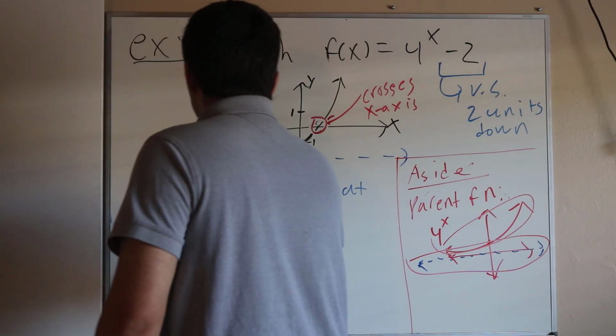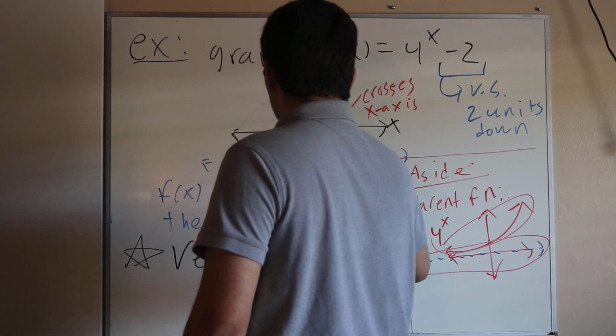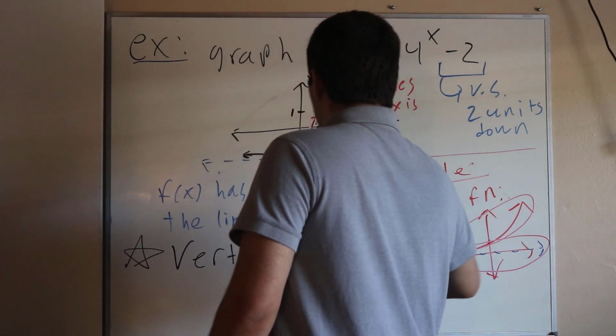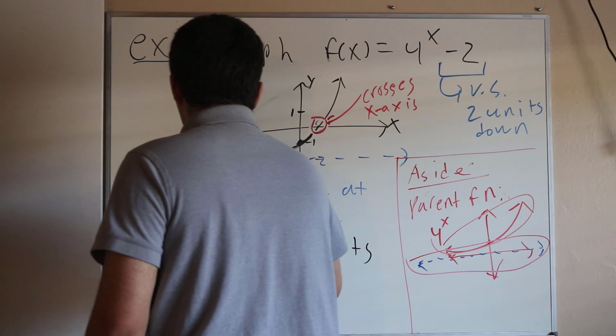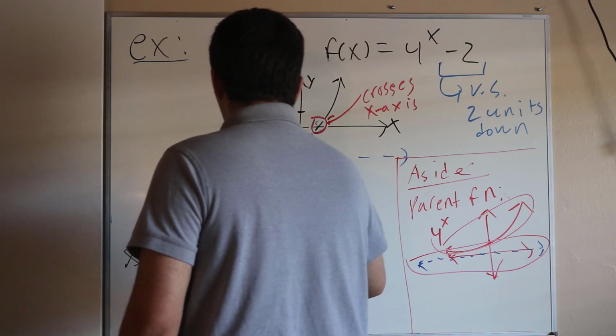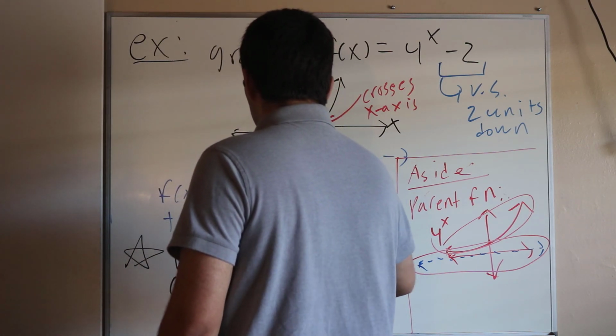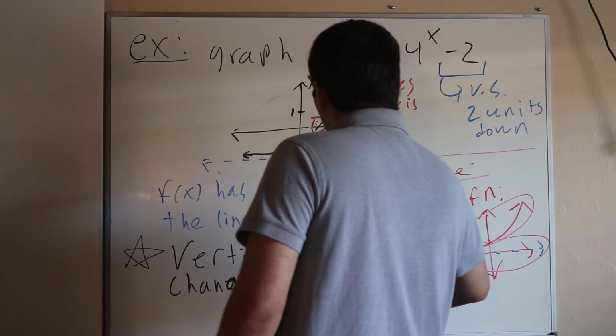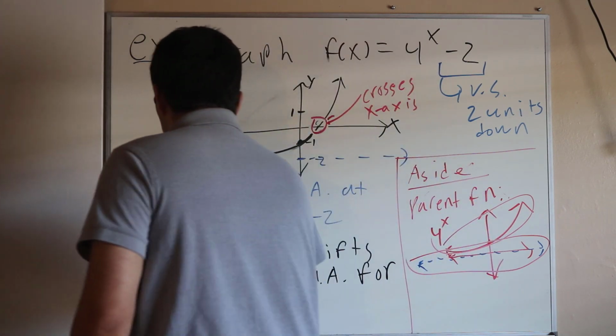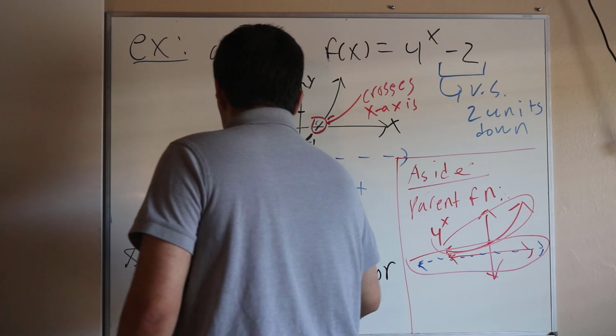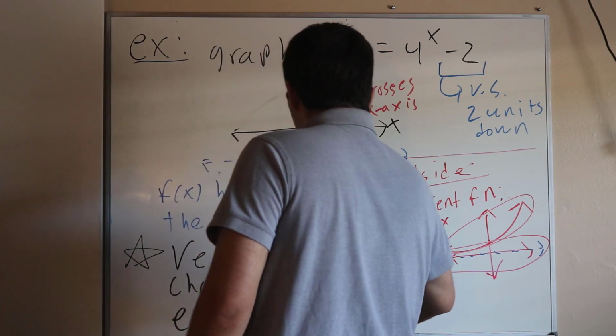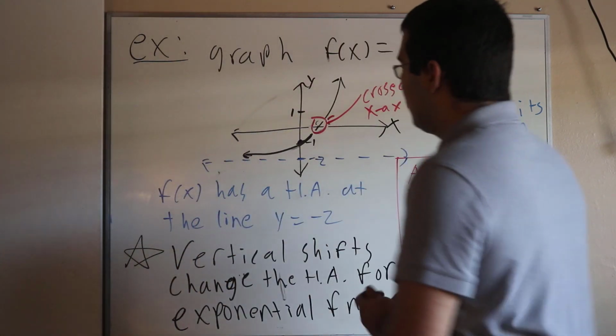So vertical shifts change the horizontal asymptote for exponential functions. Okay?